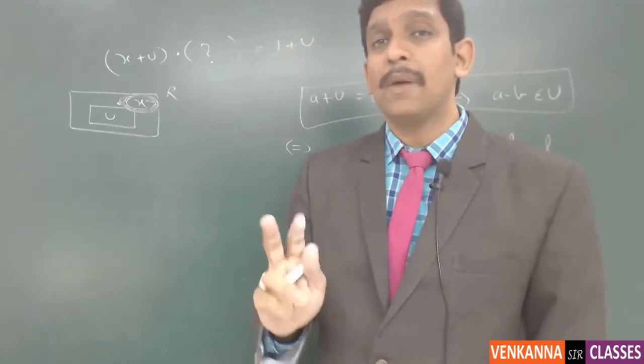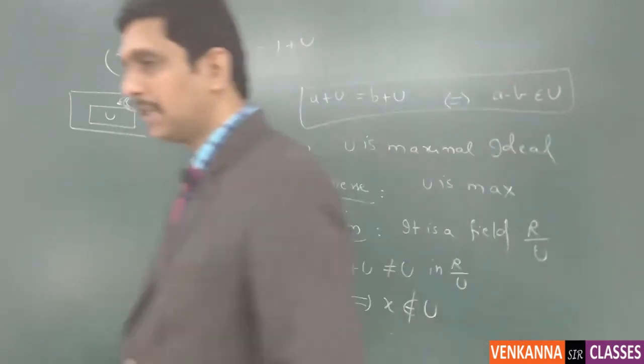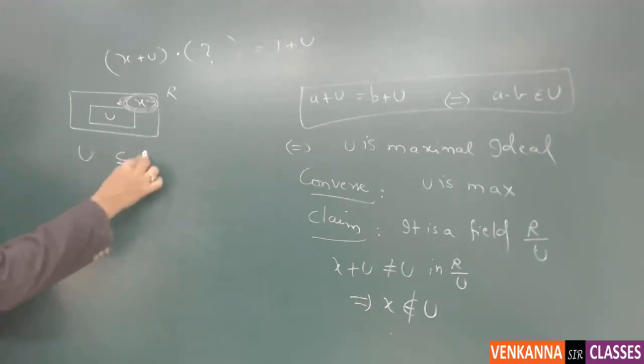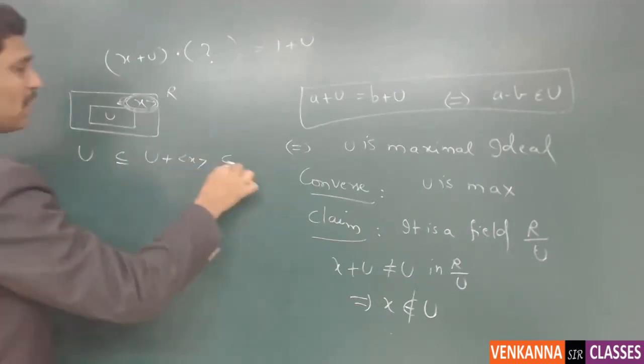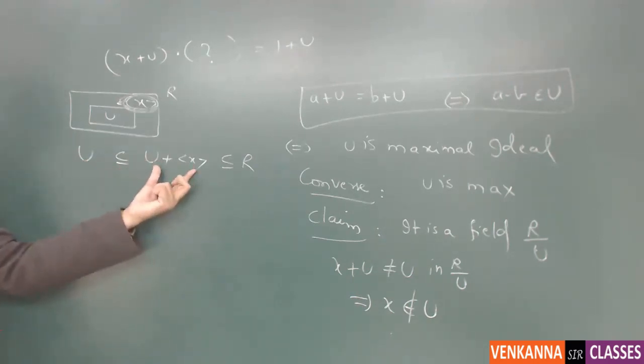If you sum up two ideals, it is also an ideal. Accepted? Yes or no? So you have the relation like U subset of U plus multiples of X subset of R. Obviously, this is a smaller set compared to this because it is a sum of two values.